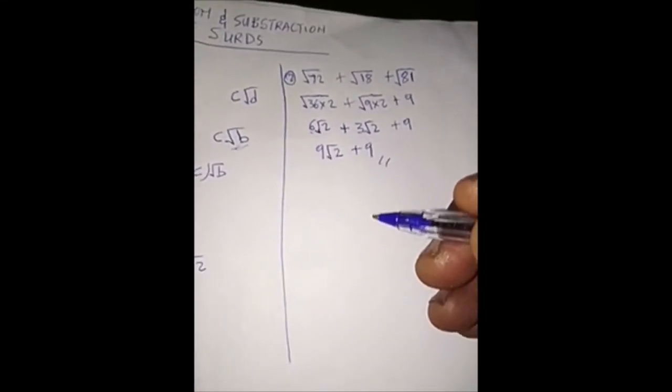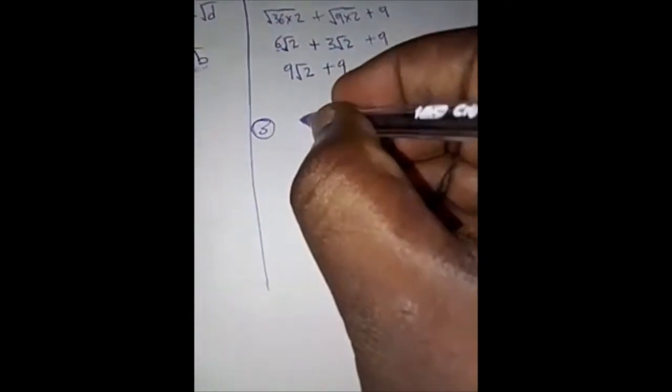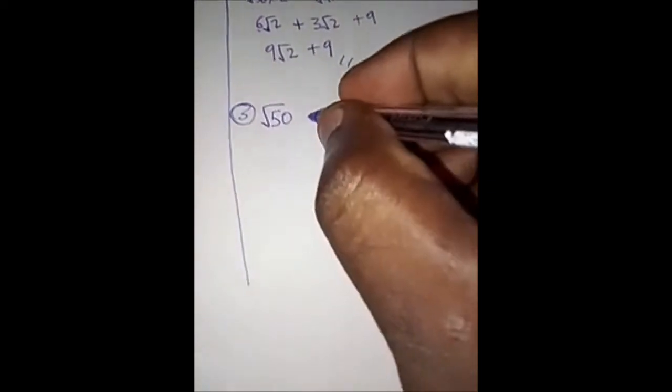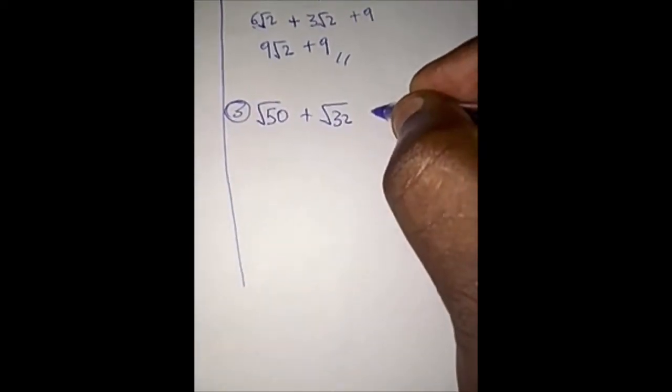Okay, let's tackle another example. That is example 3. Let's look at root of 50 plus root of 32 minus root of 162. For this one, how can I go about it?